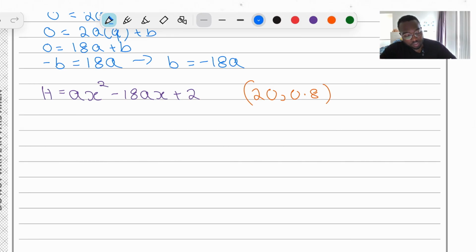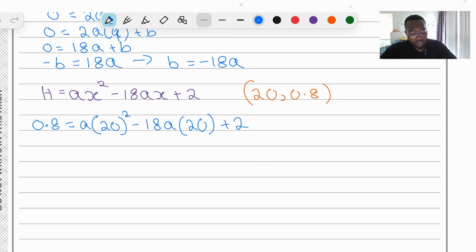So if we do that, we get h, which is 0.8, equal to a times 20 squared minus 18a times 20 plus 2. Now we've done that, we can work out a value.